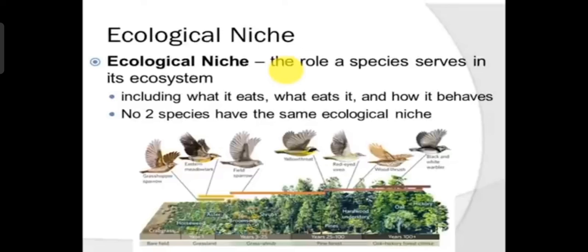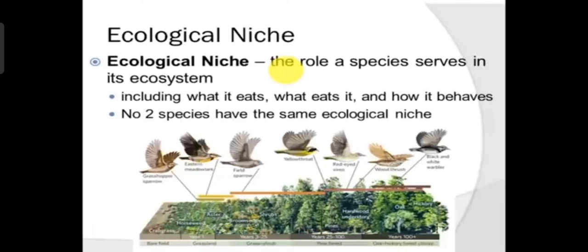A niche depends upon what a particular animal or species is eating, and what all animals eat it, how does it behave, how does it survive, how does it kill. So all these characteristics will define a particular kind of niche for that species.